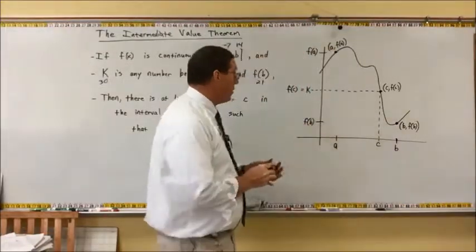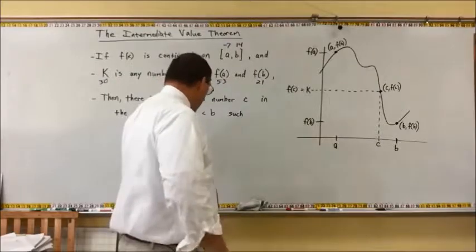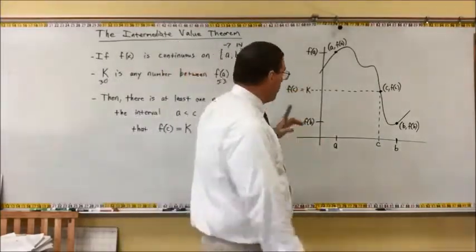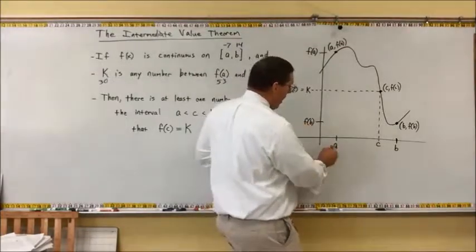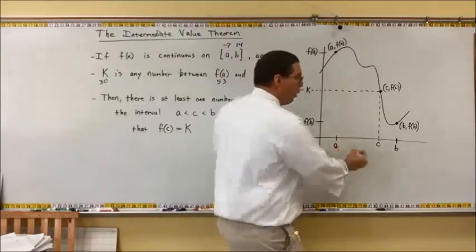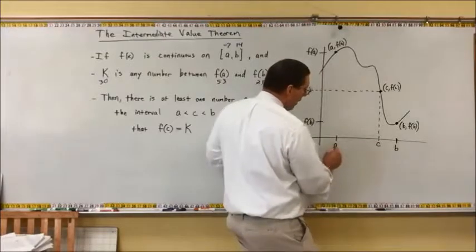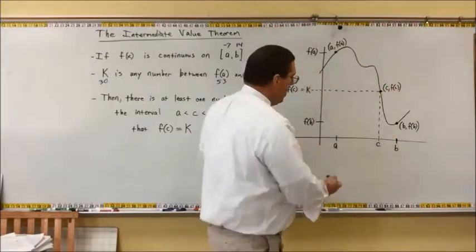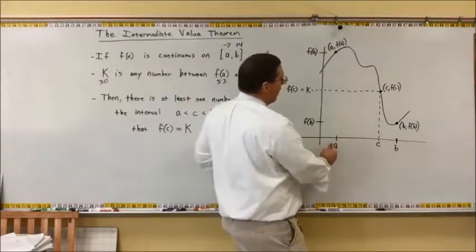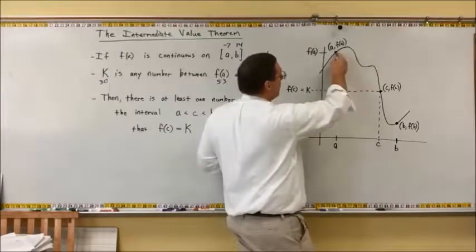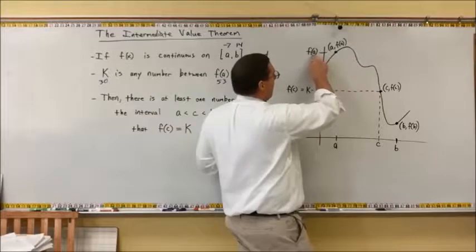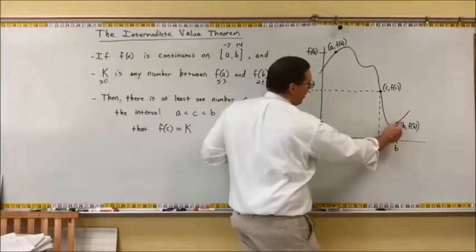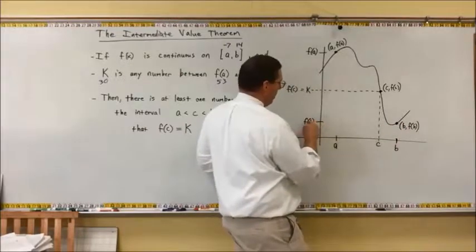Here's a graphical example of what it says. Or this is an example of an application of the intermediate value theorem. Here we have a, an x value that is smaller than b. This graph is the graph of f of x. If I plug a into f of x, the output, the y value, is f of a up here. If I were to plug b into the function, I would get this output value, which is right here.